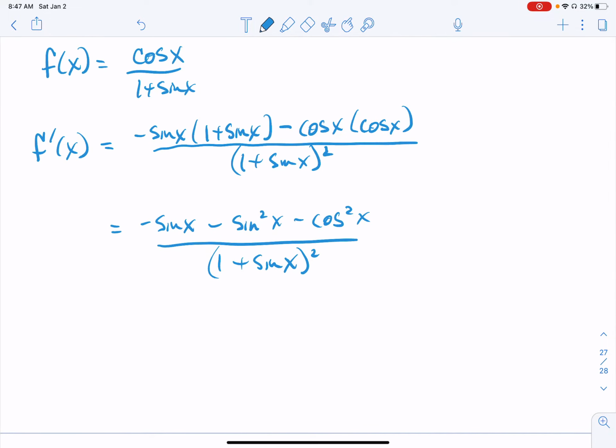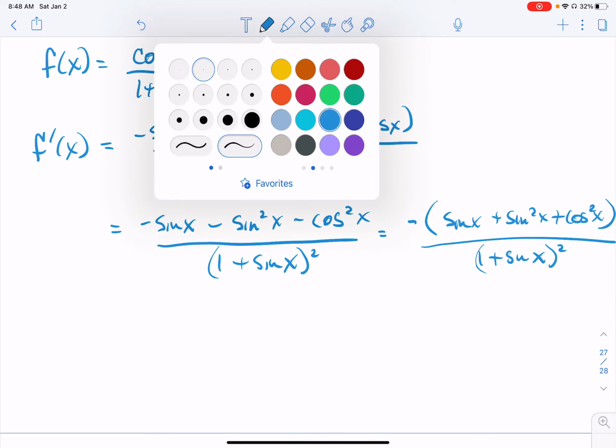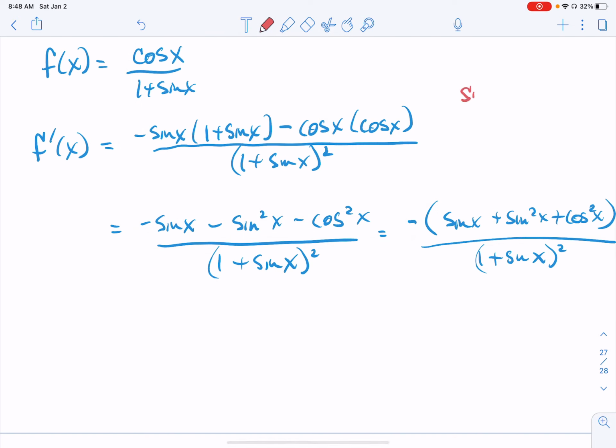Ooh, look at this. This sine squared x and this cosine squared x, all of these things have a negative in common. I'm going to pull out the negative just so you can see what happens. So negative sine x plus sine squared x plus cosine squared x, all over that same thing squared. I did that because remember your Pythagorean identity that sine squared x plus cosine squared x is equal to 1.